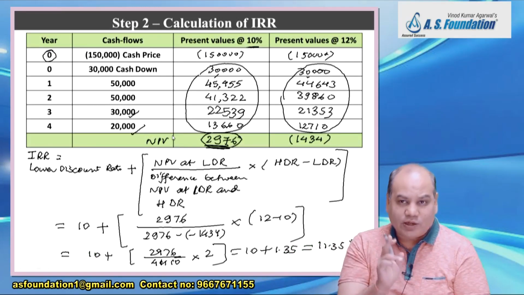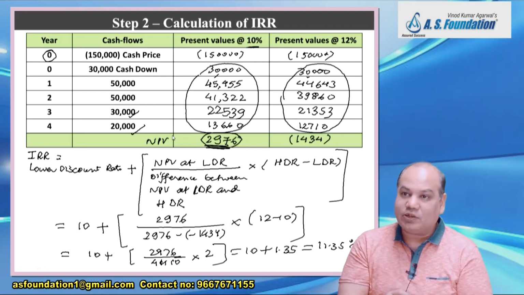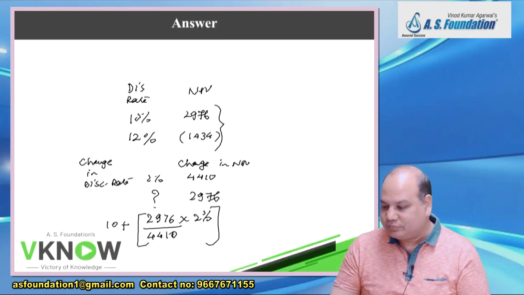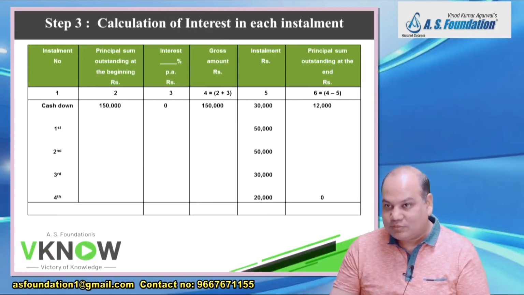You will be able to know exactly how much rate of interest they are charging, and you will be surprised they are charging something like 40%, 30%, 24%. Okay, because most people will not be able to do this calculation.